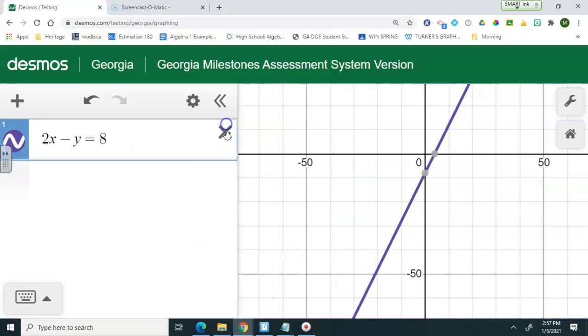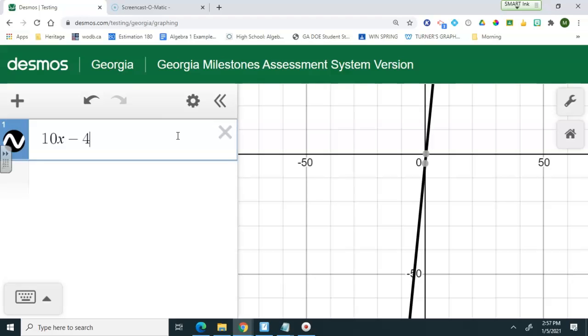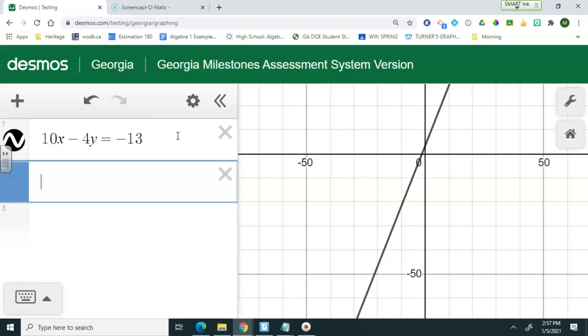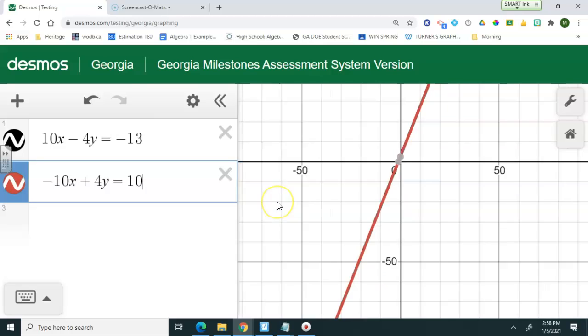All right, so we're going to go back to Desmos one more time. And we got 10x minus 4y equals negative 13. And then negative 10x plus 4y equals 10. And then there we have that.